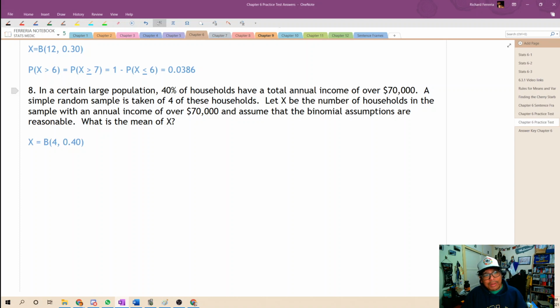That $70,000 number is really just there to confuse you, because you're only concerned that the sample size is 4 and the probability of success is 0.4. And in a binomial distribution, the mean is just n multiplied by p, which is 4 multiplied by 0.4, or 1.6.